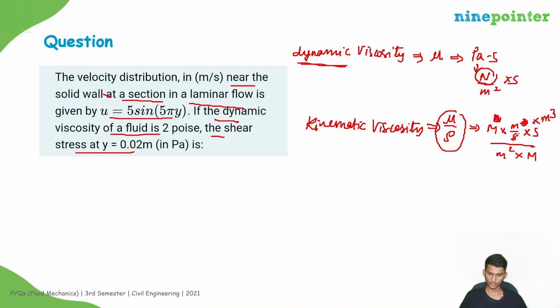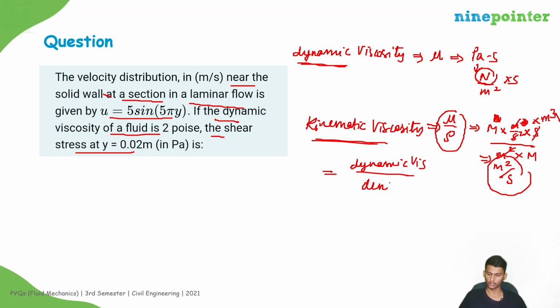Sorry, this will be meters per second square. So second gets cancelled, meter square and meter square get cancelled. We will get meter square per second. So in this there is no term of dynamics, meaning no term of force. So this is known as kinematic viscosity. Kinematic viscosity is given by dynamic viscosity divided by density. So this is about kinematic viscosity and dynamic viscosity.